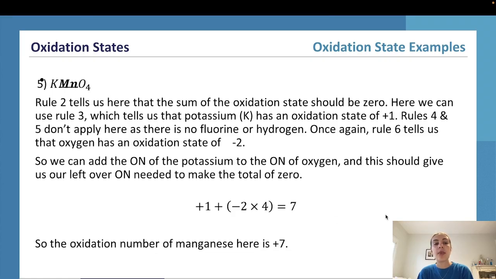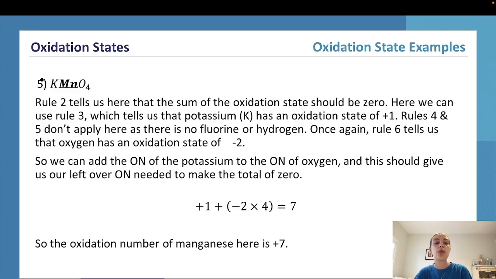Our next example is looking at KMnO4, so that's potassium manganate, and so rule 2 tells us that the sum of the oxidation states should be 0, and again that's because potassium manganate does not have a charge, and so overall its oxidation state will be 0.